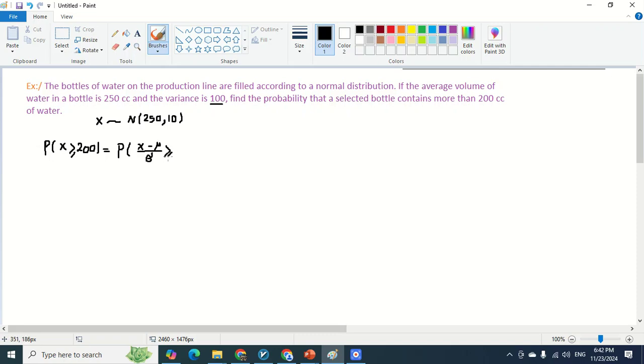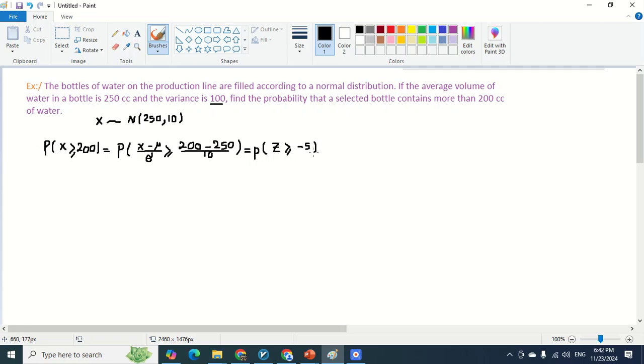So 200 minus 250 over 10 should be calculated, and then this distribution is transferred to the standard form, and we have the probability of z greater than or equal to (200 minus 250 is minus 50, and over 10 is) minus 5.